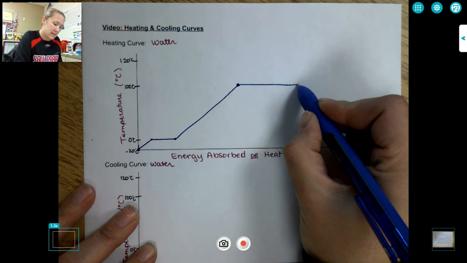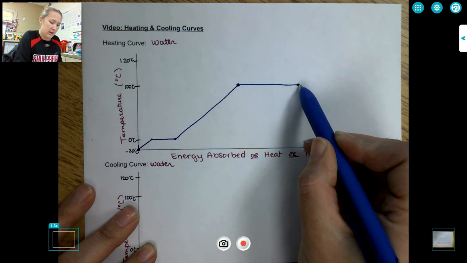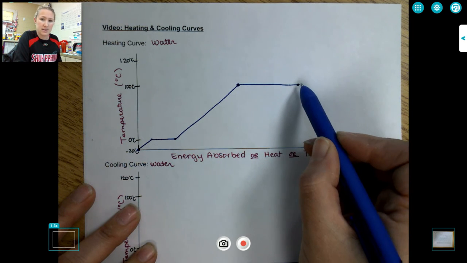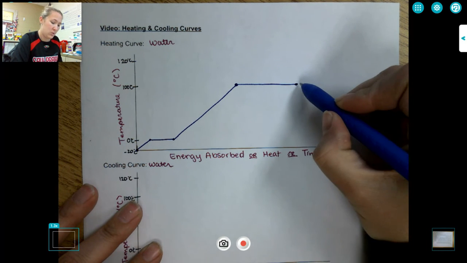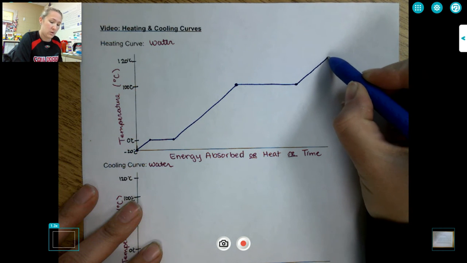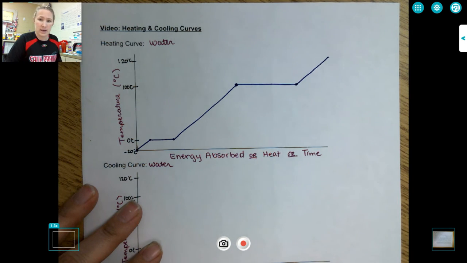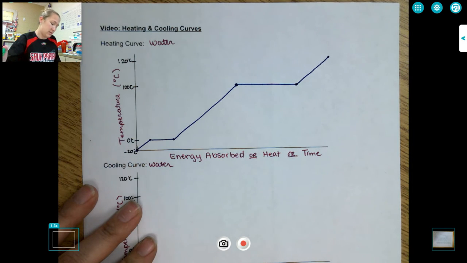And again, this is an equilibrium. We're going from liquid to gas. So here it's all liquid. Finally, when we get to here, it becomes all gas. Once it's gone to completely gas, then again, it can start to increase in temperature. And it goes just continuously up. Okay, and we'll stop ours here. So we can label our different parts.